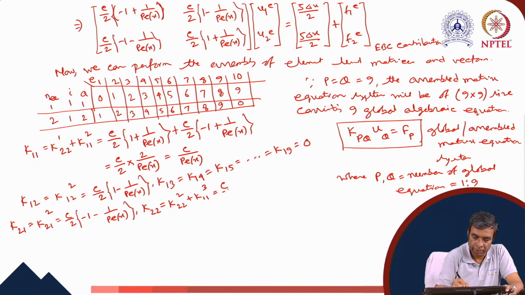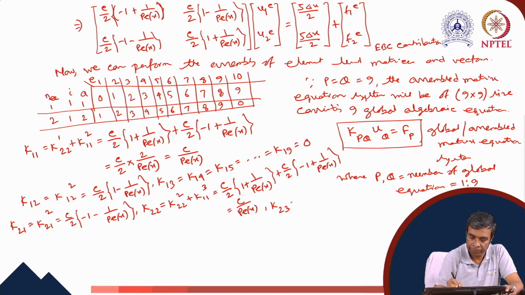K222 is C by 2 into 1 plus 1 by PEX plus C by 2 into minus 1 plus 1 by PEX. This gives us the diagonal term C by PEX. Then we have K23, which equals K123. K123 is C by 2 into 1 minus 1 by PEX.